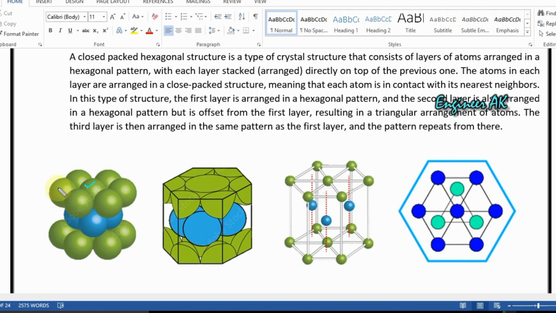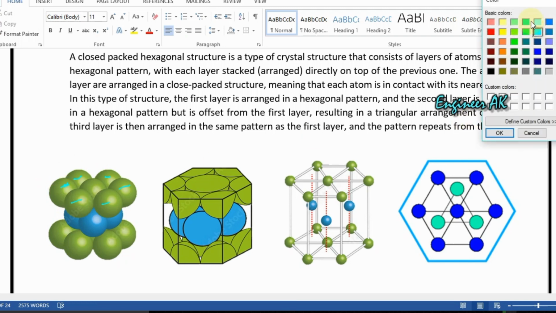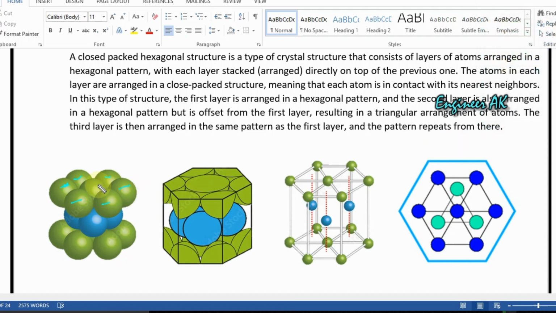And if we see, here we have 1, 2, 3, this one 3, 4, 5 and 6, right? So there are 6 atoms that have surrounded this atom, right?